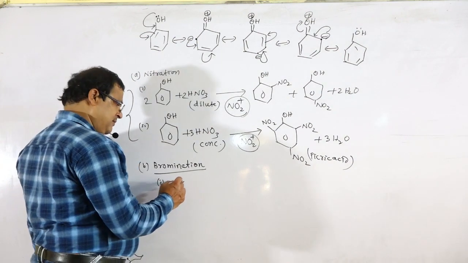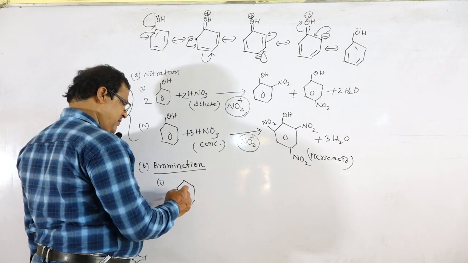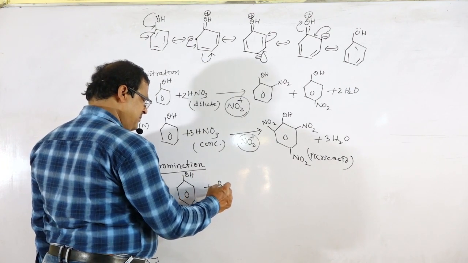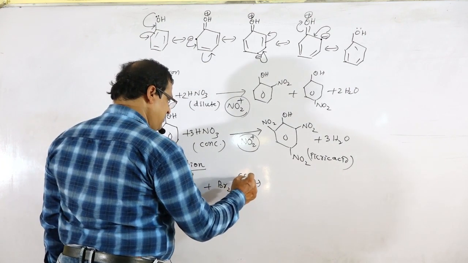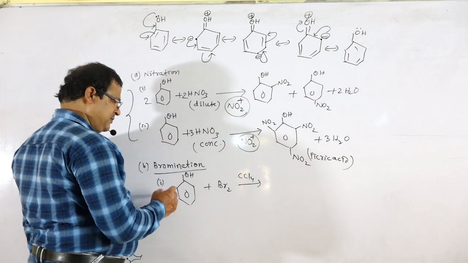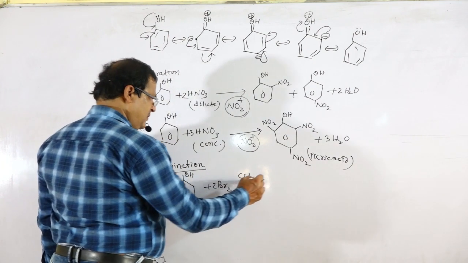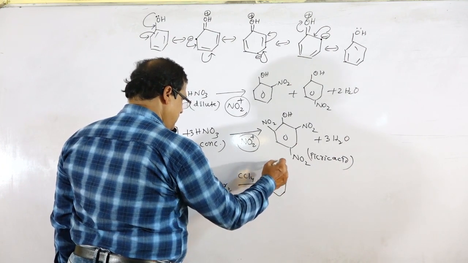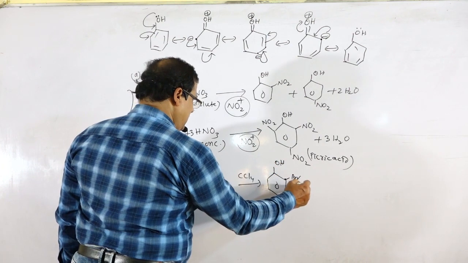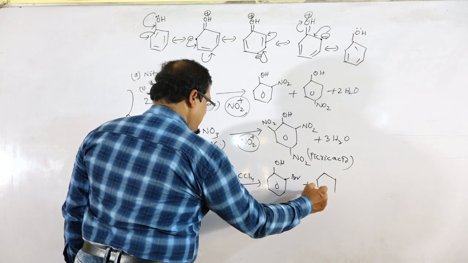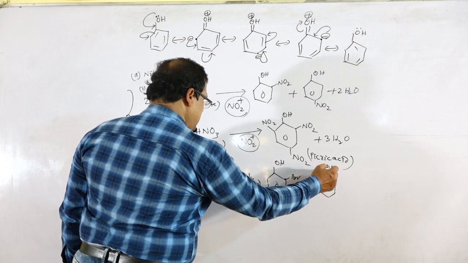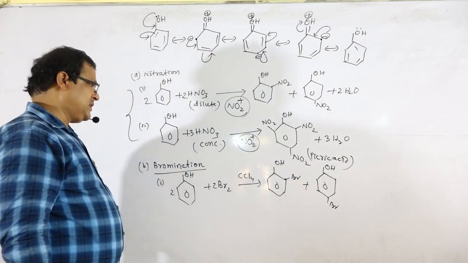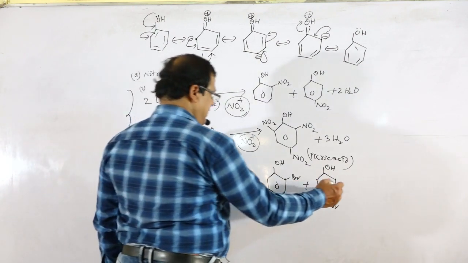So phenol that has been treated with bromine in presence of CCl4, carbon tetrachloride, there is the formation of orthobromophenol or para-bromophenol, plus 2 HBr.